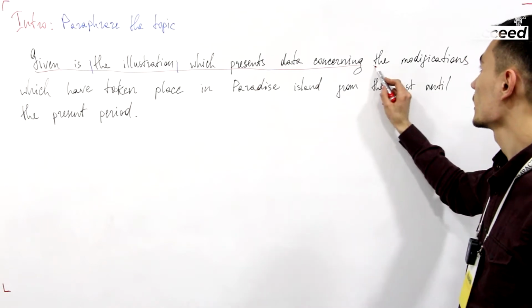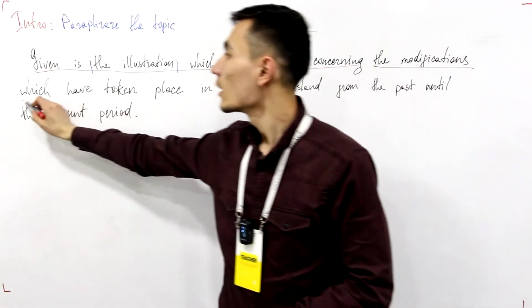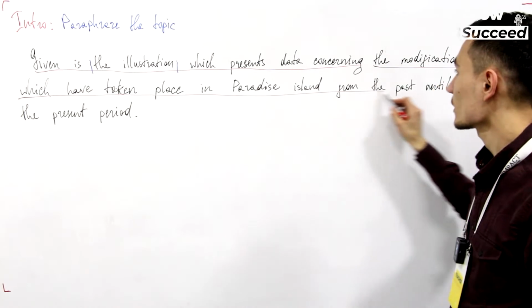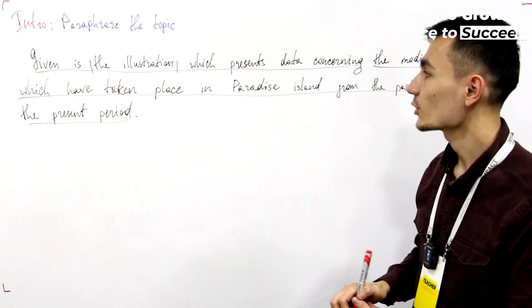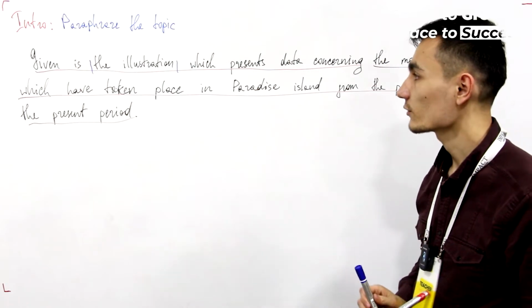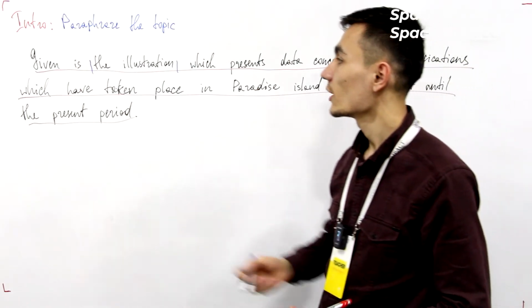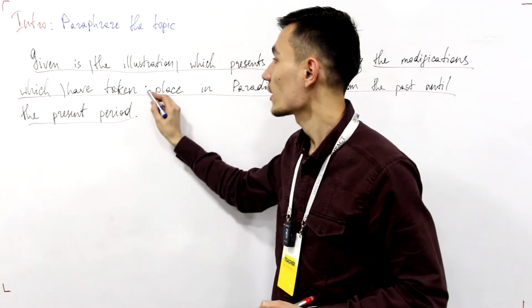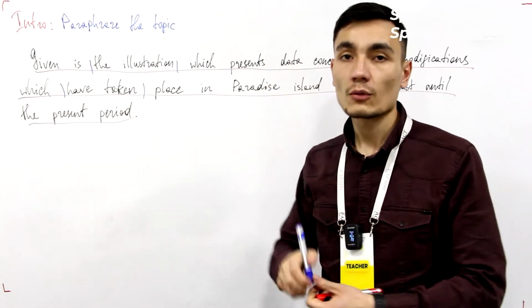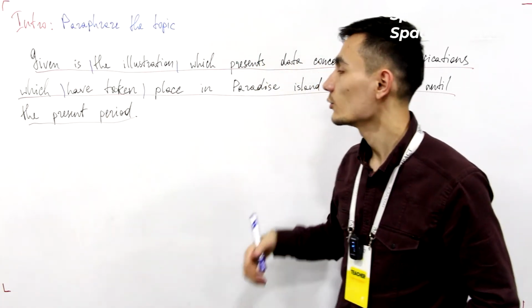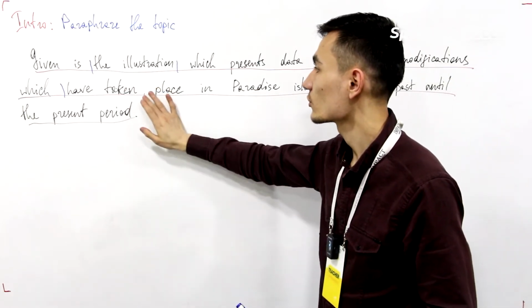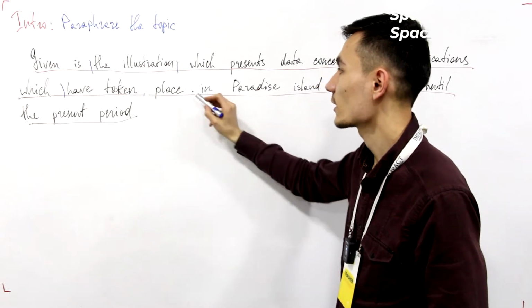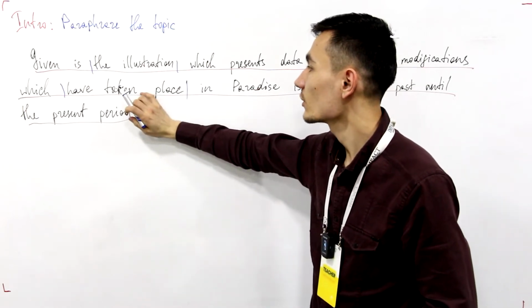And the structure is: the modifications which have taken place in Paradise Island from the past until the present period. The thing that we have to change is the tense that we are using. So here we could say which happened, which occurred, and which took place. But here, as you see, we use the structure which have taken place, meaning we're using present perfect.